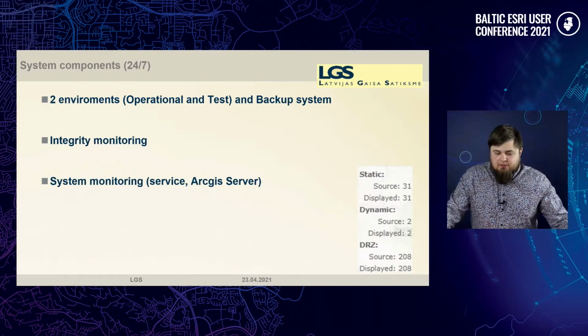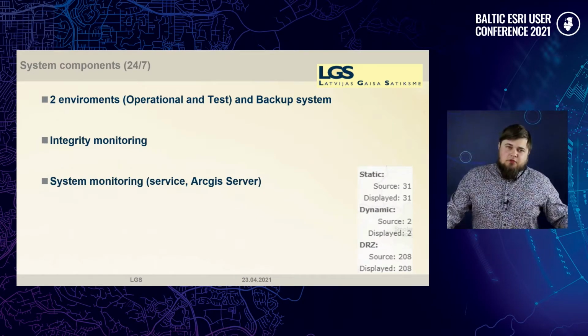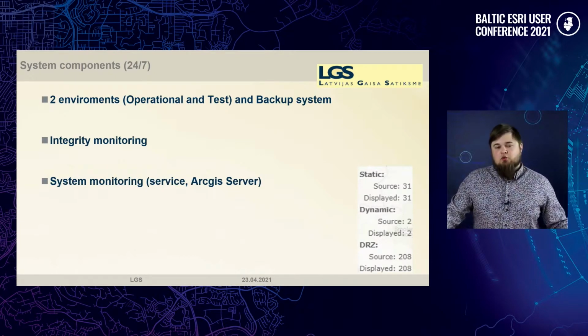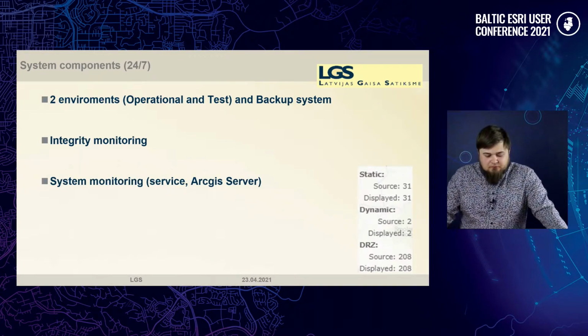We also have a backup system in case damage happens or something else. We have a script that follows the main server, and if there's any problem, it will switch automatically to the backup system.